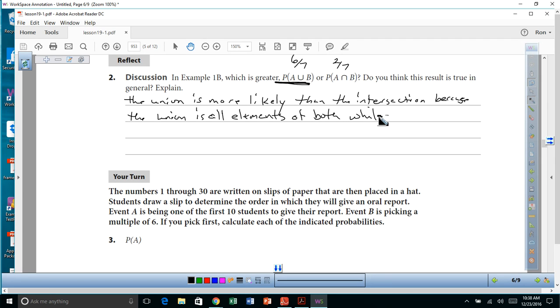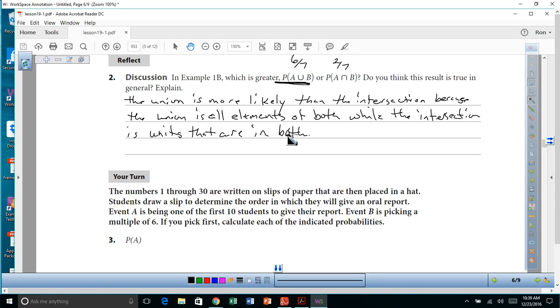The intersection is the elements that are in both.